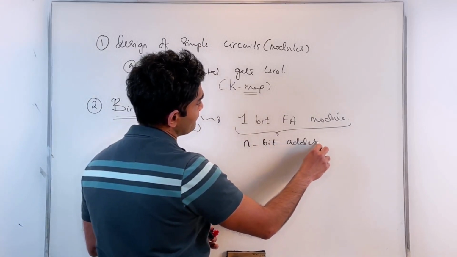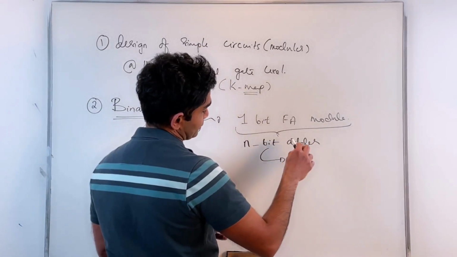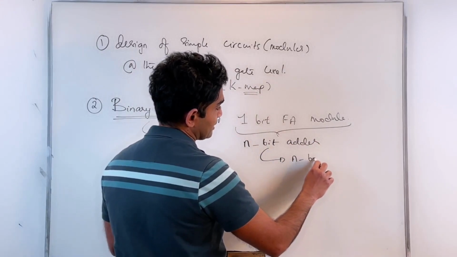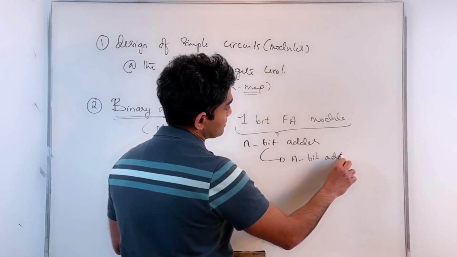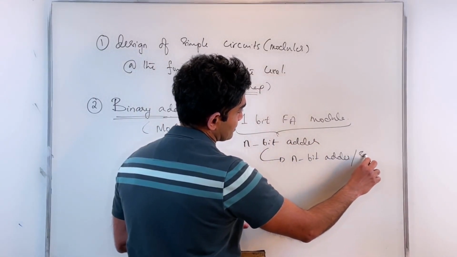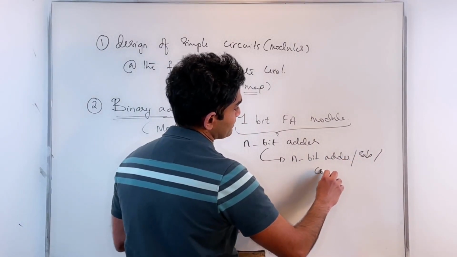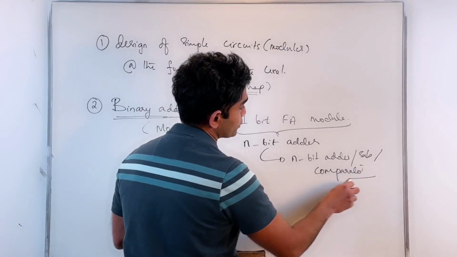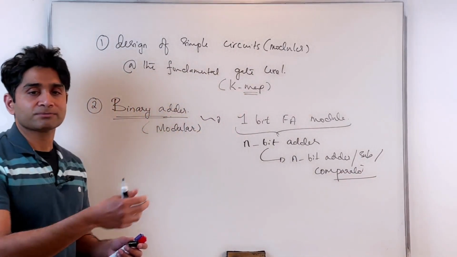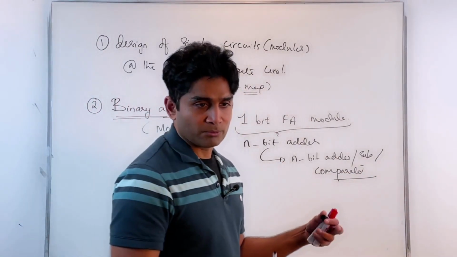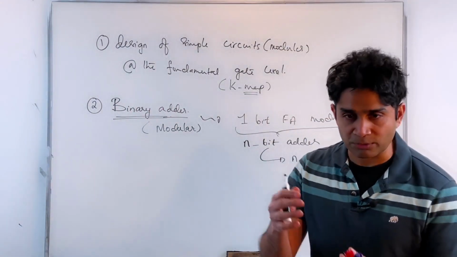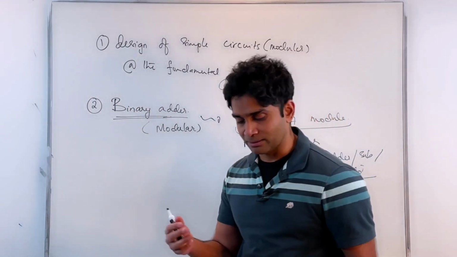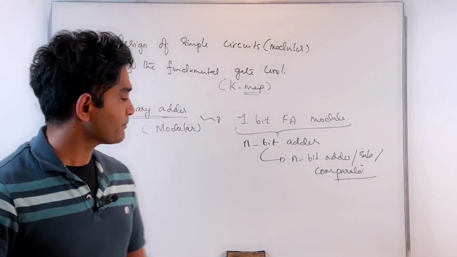And of course, we extended the concept to make this into an n-bit adder slash subtractor slash comparator, right? Conditional checking as well. So we could do all of these functionalities with this modular approach. That was the second way of thinking, a different way of thinking.